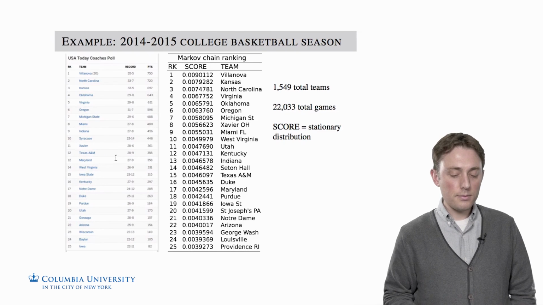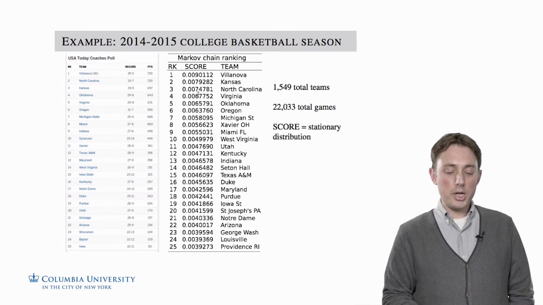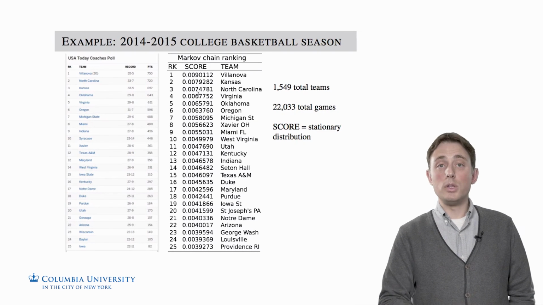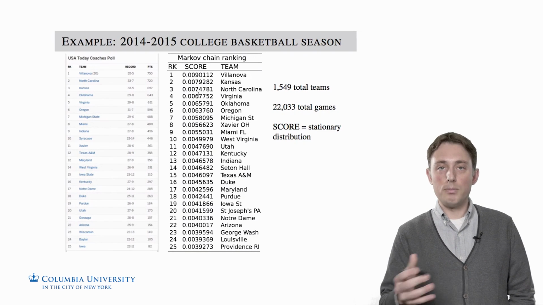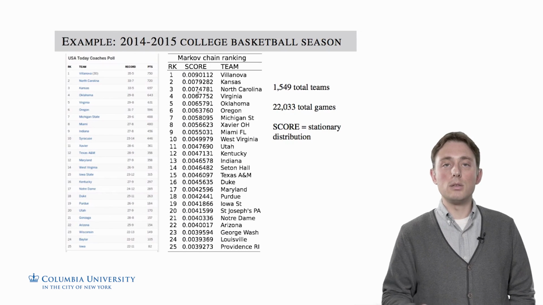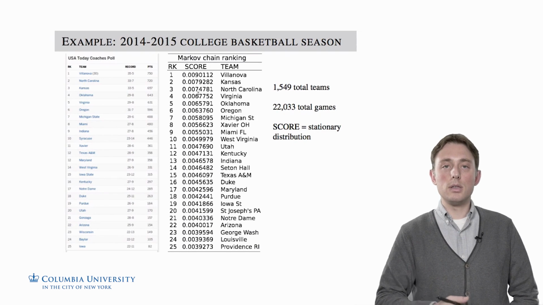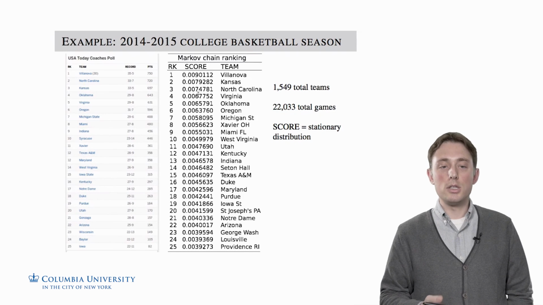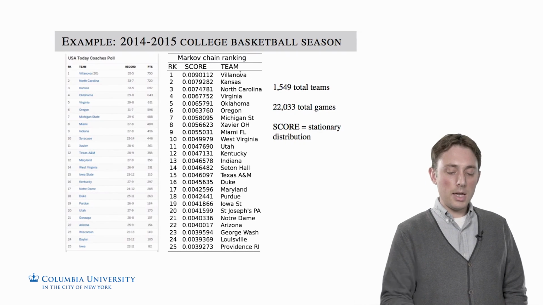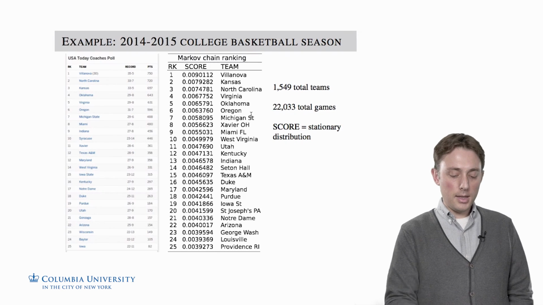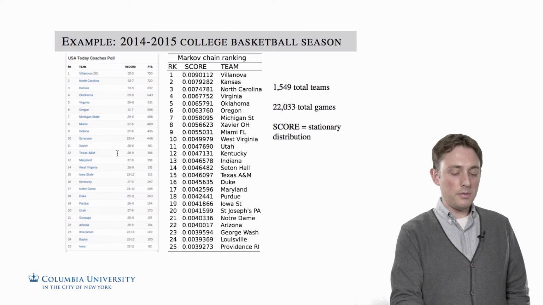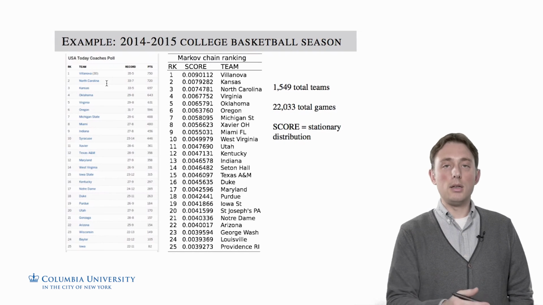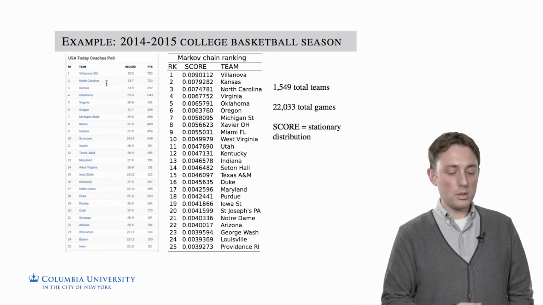And so you can see that the Markov chain, a very quick Markov chain, without using much expertise, using zero expertise about what basketball even means. There's no meaning to what the Markov chain is doing. It has no interpretation whatsoever about what exactly it's finding the stationary distribution of. It's still able to give a top 25 ranking that compares very favorably with the opinions of 30 experts who do this full time.